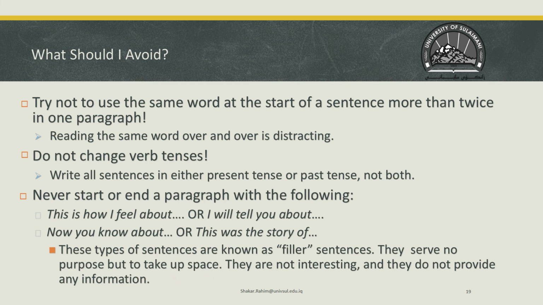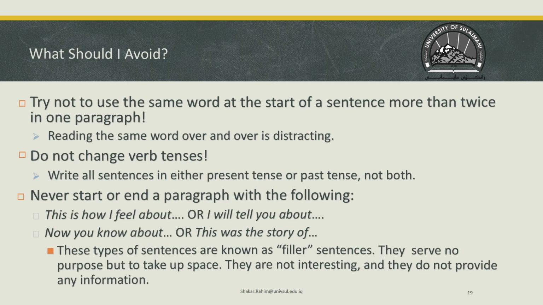Do not use this kind of speech, because teachers know. When they see those things, they already know you are talking about a story. Why do you say, this was my story today? Come on, talk about your story in another way, because these sentences are not interesting and they do not provide any new information.